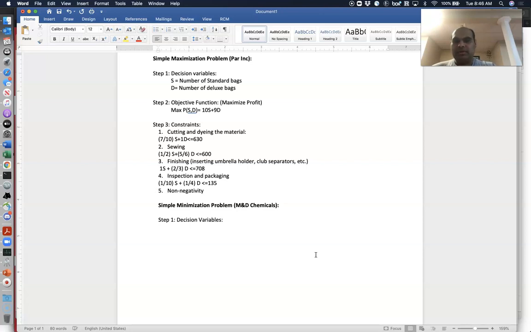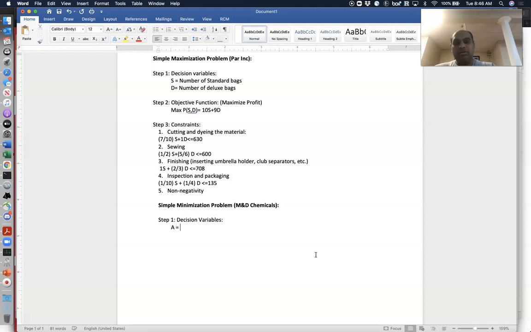Step 1 is decision variables. Now there are 2 decision variables here. We have chemical A and chemical B, and we have to figure out how many gallons of A to make and how many gallons of B to make. So I'm just going to use A and B as my decision variables.